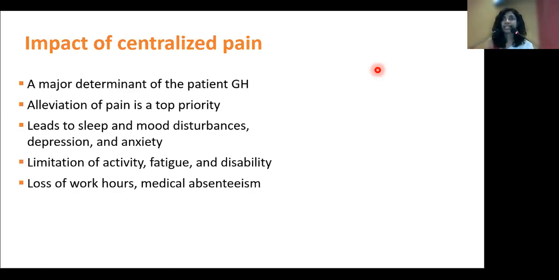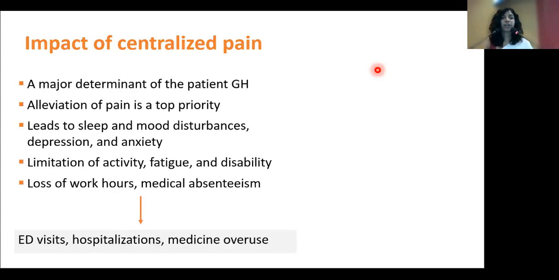They go to emergency departments more, have more hospitalizations, and they're more likely to be on multiple medications, more likely to be on DMARDs and opioids. So it predisposes to medicine overuse and irrational use as well.